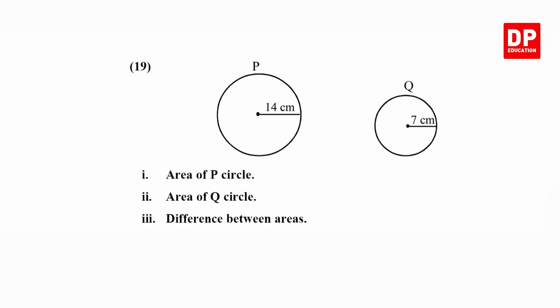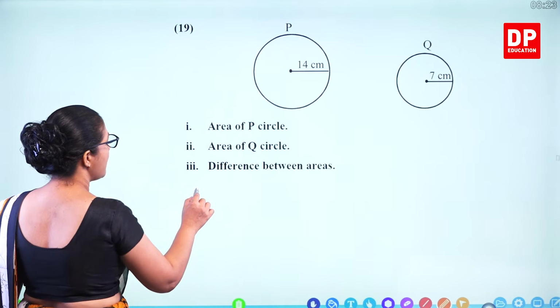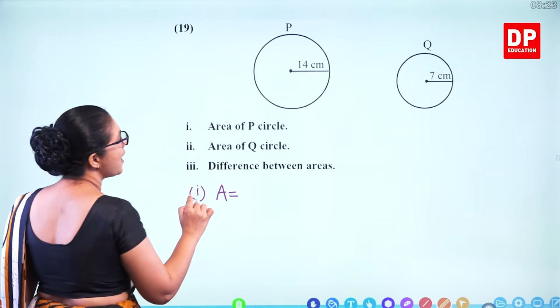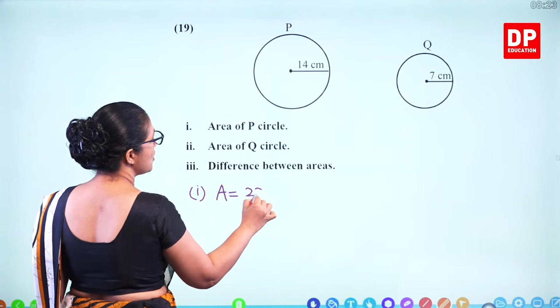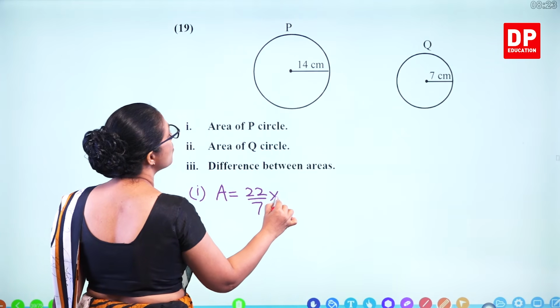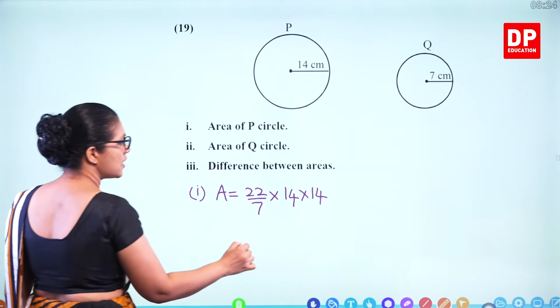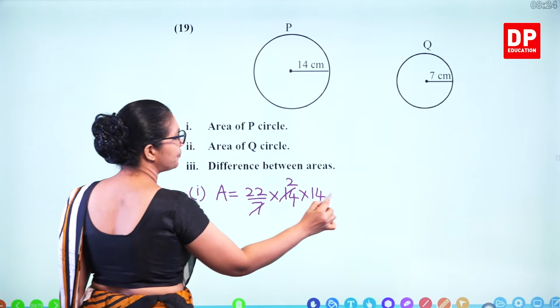Look at this one. Two circles are there, P and Q. Find the area of P circle. So what's the area of P circle? So area is equal to pi r squared. So pi, I'll take 22 over 7 into r. R is 14. 14 times 14. 7 times 2.